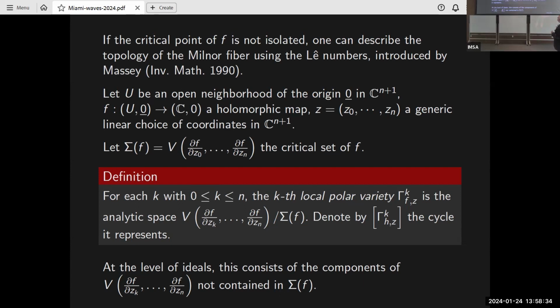If you have a function, you choose a generic, good system of linear coordinates. Then you take the critical set of the function, which is where all the partial derivatives vanish. And then for each k, you look at the zero set where the last partial derivatives vanish. And then you look at the points of non-transversality.